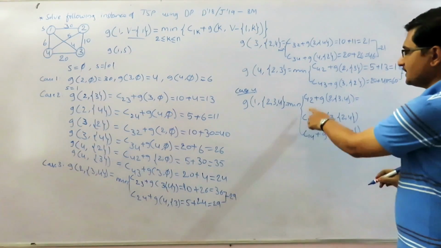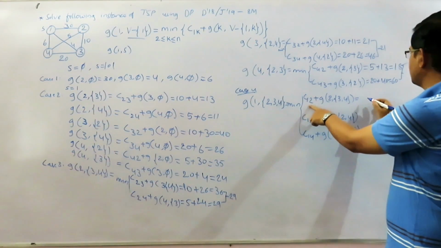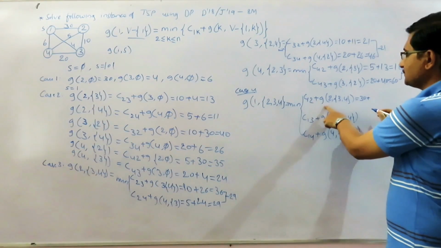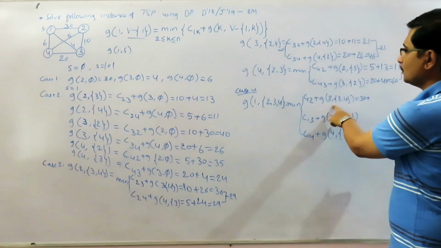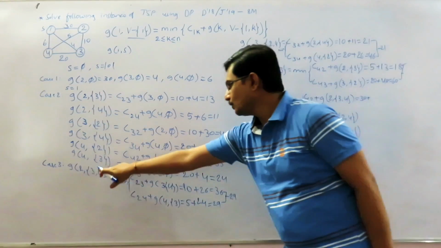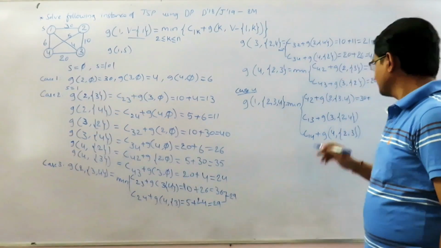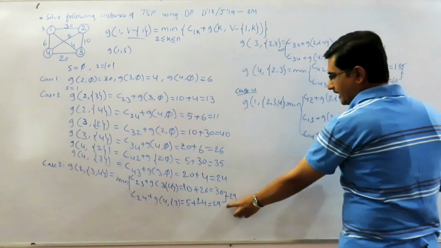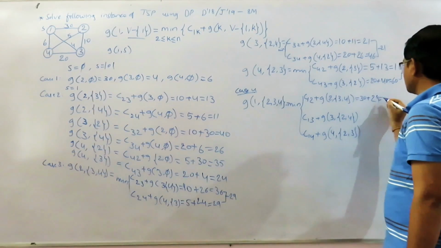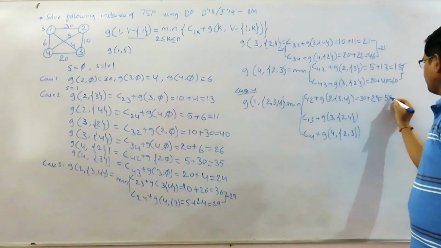So this is equal to C of 1, 2. 1 to 2 is 30 plus G of 2 to 3, 4. 2 to 3, 4 we have got 29. This value 29. So this is equal to 59.